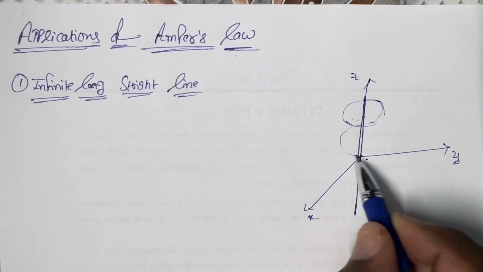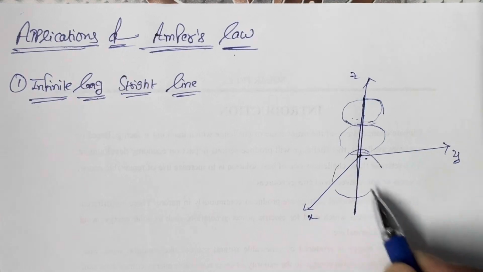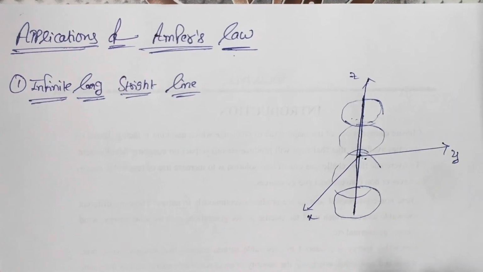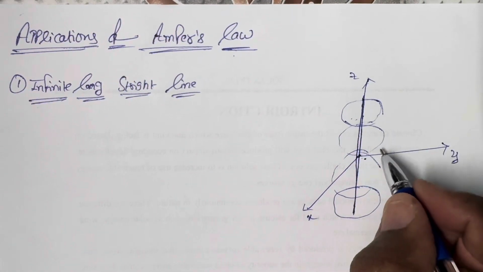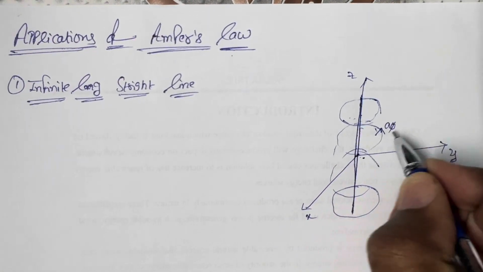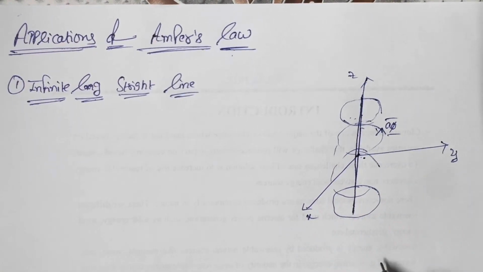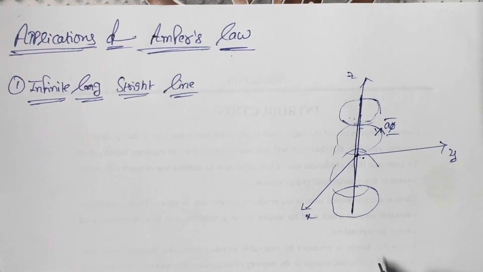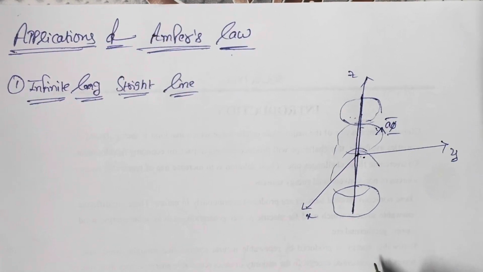The field will be created around it. Now consider the field motion will be in the phi direction. I am assuming the field will exist in the a phi direction.